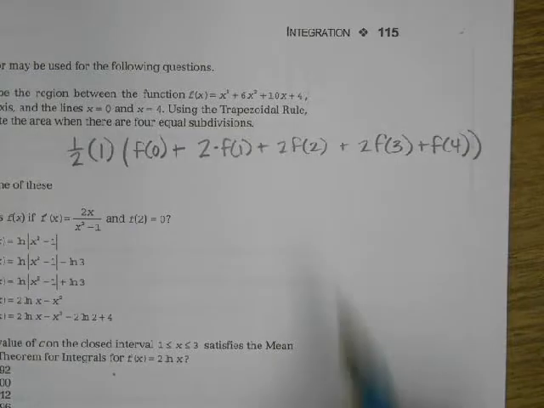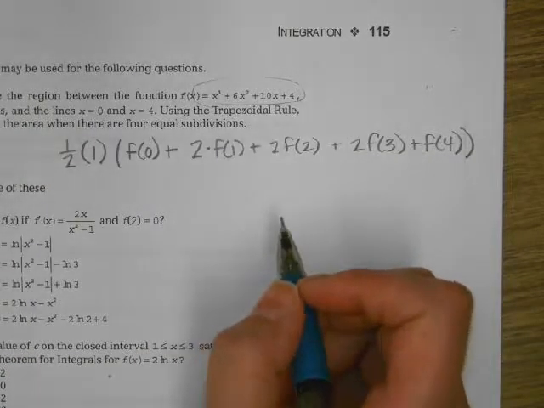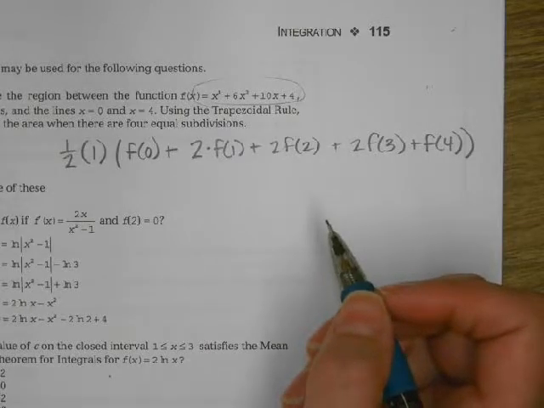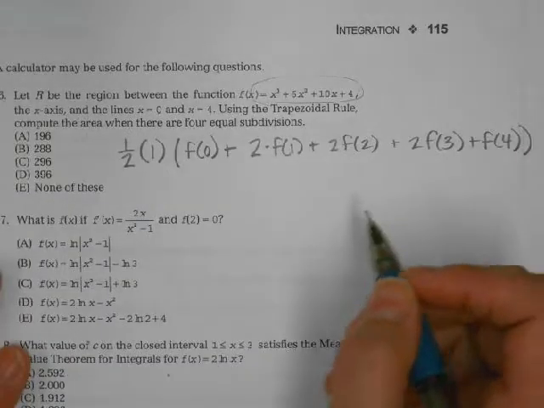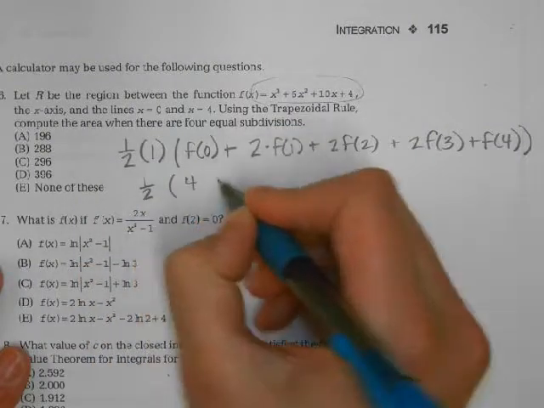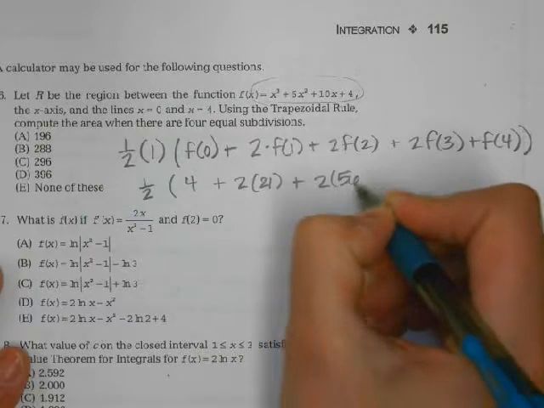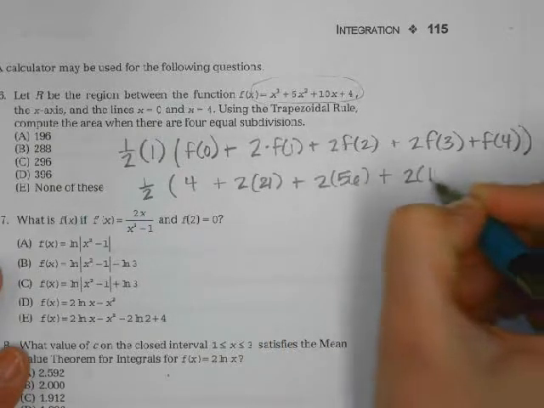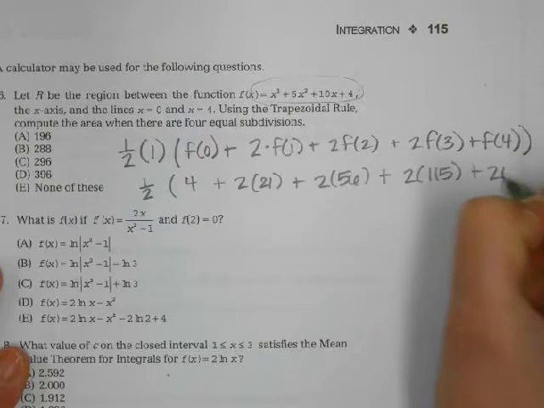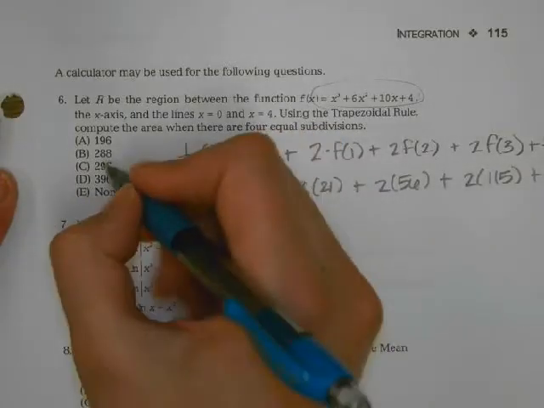And then what I did is I took this function and plugged it into my calculator, into y equals, and I didn't graph it, I just looked at the table. So I could see that I had 1/2, and then it was 4 plus 2 times 21 plus 2 times 56 plus 2 times 115 plus 204. And when I plugged that in, I found that the answer was 296.